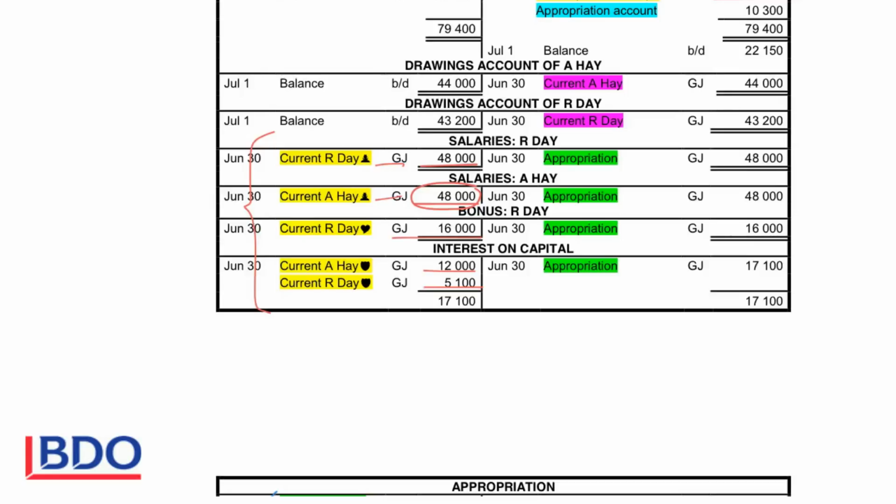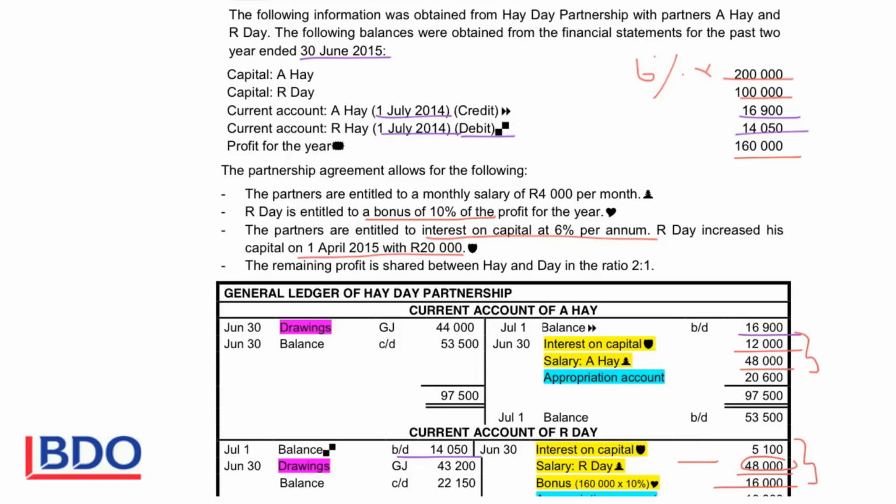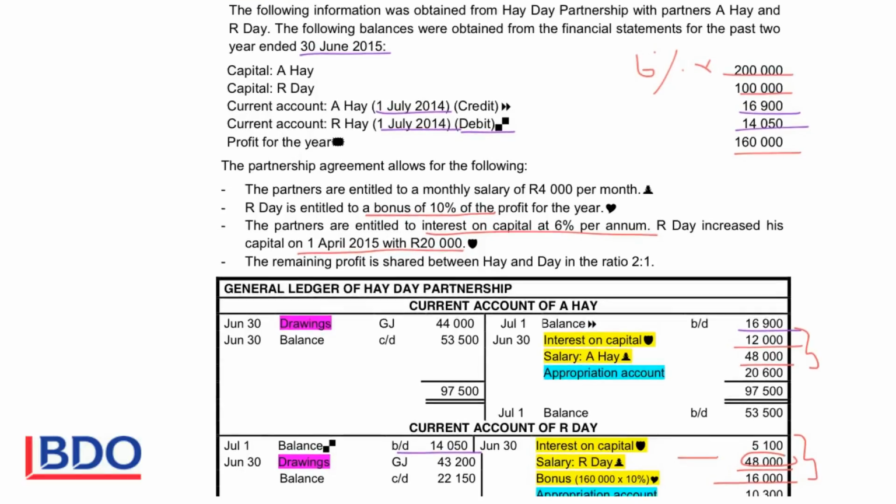So the expenses I credited with the 48, 16, 17,100, and all of them were transferred to the appropriation account on the debit side. After we completed the adjustments, debiting the expense, crediting the current account, completed the closing transfers, debited the appropriation account, credited the expenses, we have to do the last entry to divide the profit between the two partners in the ratio 2:1.